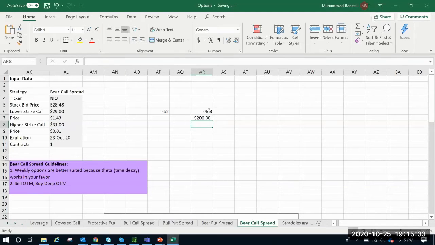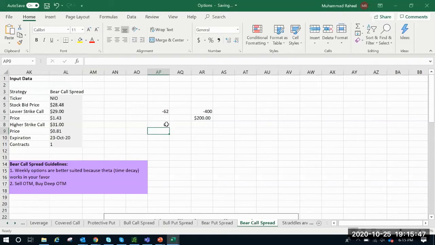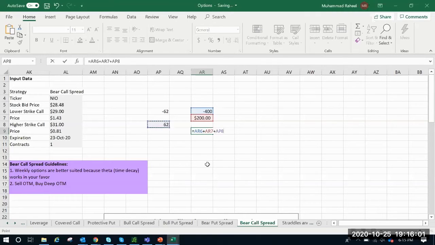That's a positive. And remember, you had that $62 credit coming into your account. I'm going to make this a positive for you, because you collected that when you sold that call option in the spread, right? So basically, your net position would be that you lost 400, but you made the 200 on the call that you were holding, and you also collected the $62 premium.